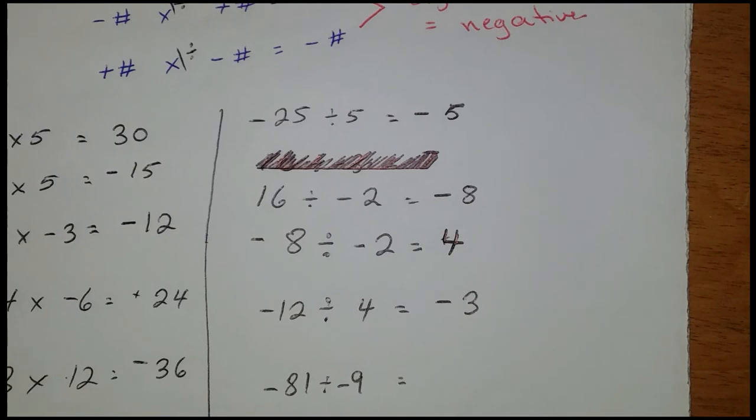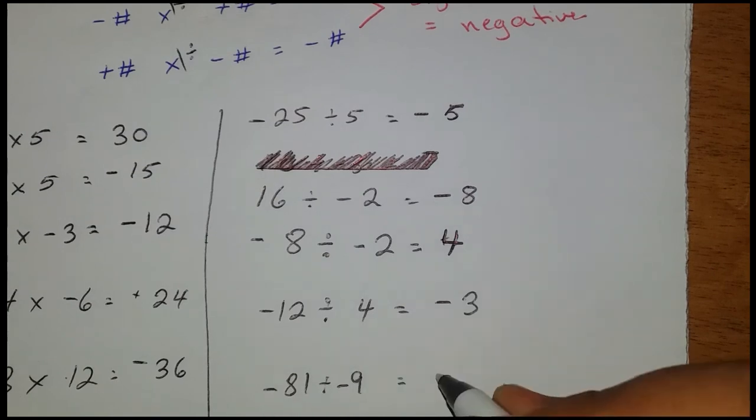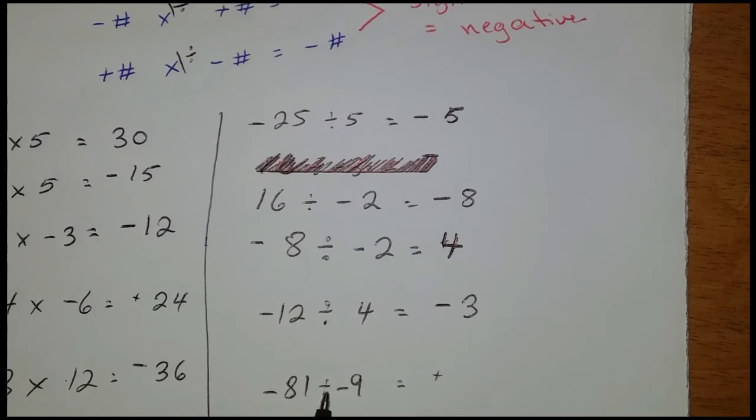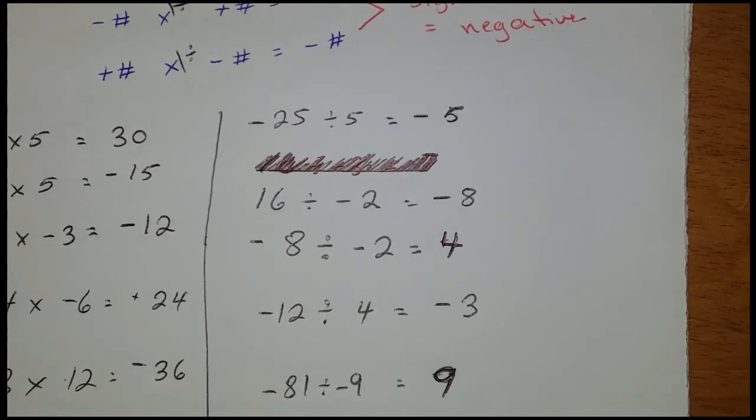This one, negative 81 divided by negative 9. The jingle says signs the same, positive, signs different, negative. This, we have signs are the same, so my answer is going to be a positive answer. And then division, 81 divided by 9, my answer is 9. When your answer is positive, you do not need to put your positive sign.